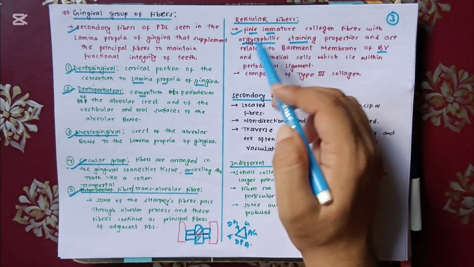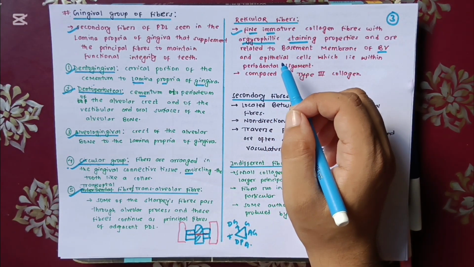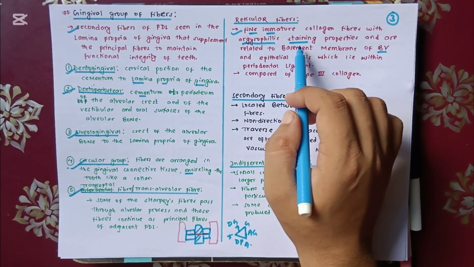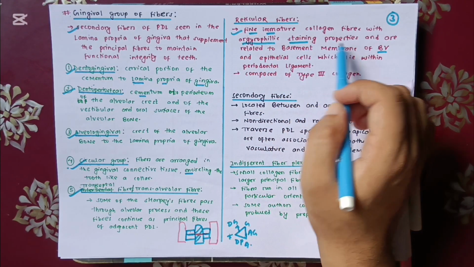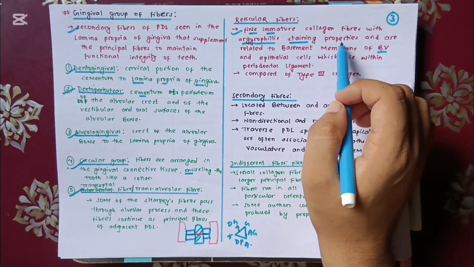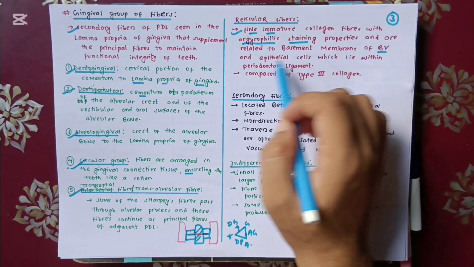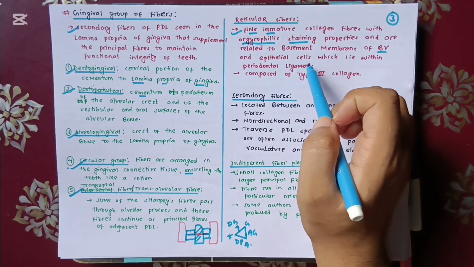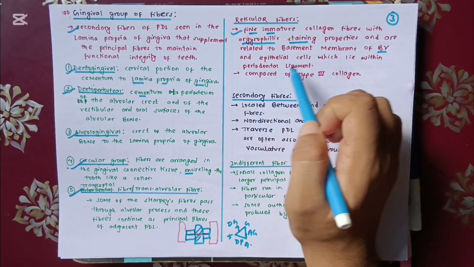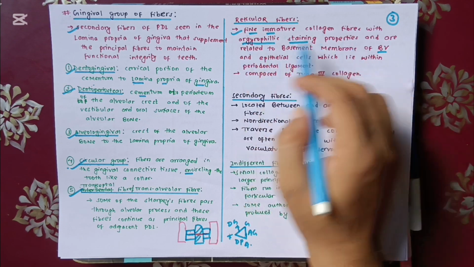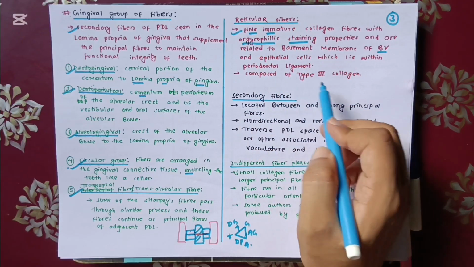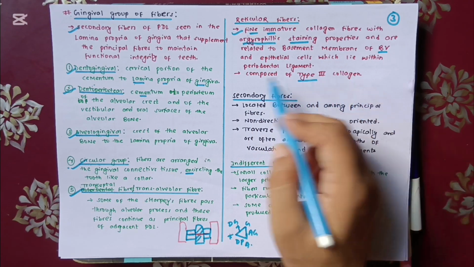So this is an important point to remember, and they are mostly composed of type 3 collagen.